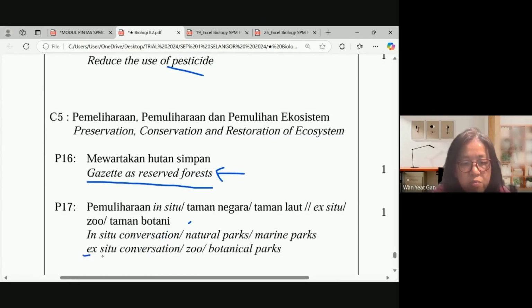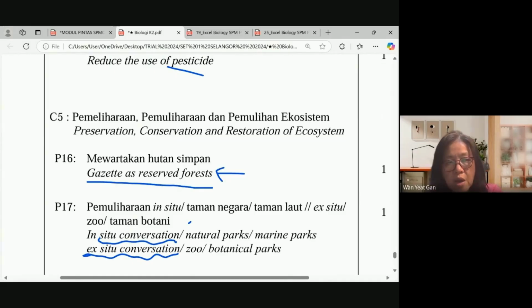The ex situ means you bring out the animal, you put it in a conservatory place where you let it increase in number. For example, the Orangutan Conservatory Center in Sepilok is one example where you bring the animal out to increase in population. We feed them, we take care of them until they are able to increase in number.